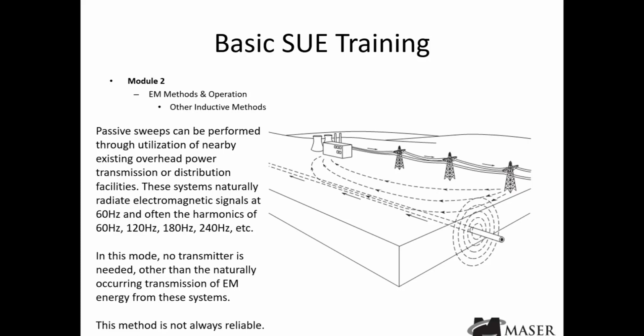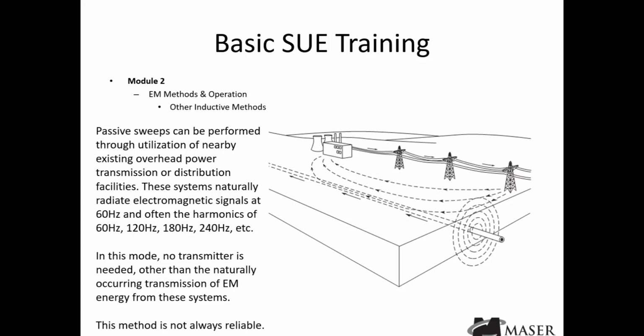One of the other methods that our systems are capable of is what we call passive electric. Our system can be set to 60 hertz or power mode, or a harmonic of any of that. So a harmonic of 60, so 120, 180, 240, 300, 360, and so on.